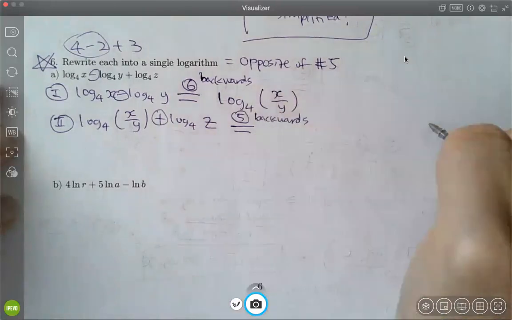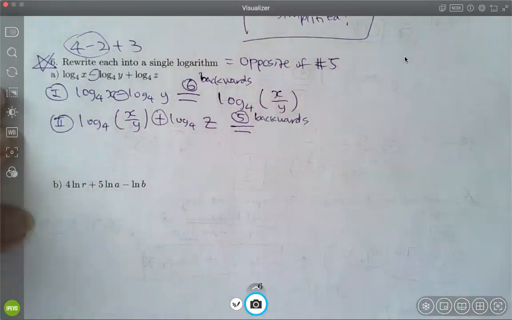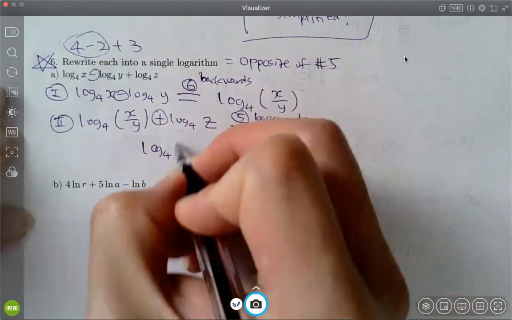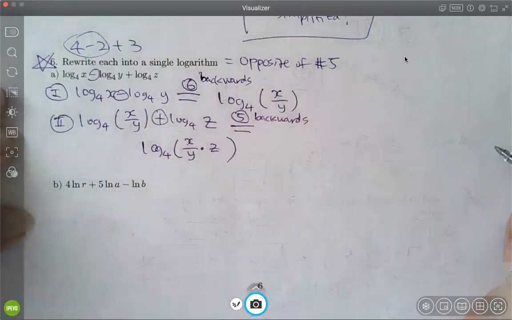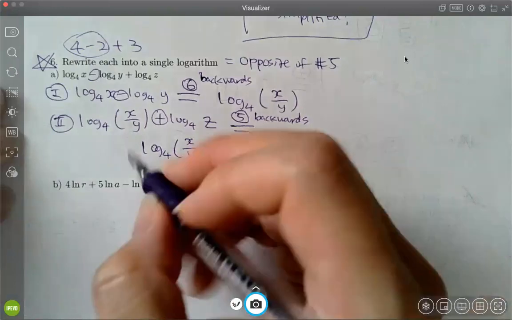So what does that mean? We need to multiply, right? So we have log 4 of x over y times z, right? And now, is that it, or can we simplify this a bit further? So what is x over y times z? Can you possibly rewrite that further? Like, don't go back to the previous step.